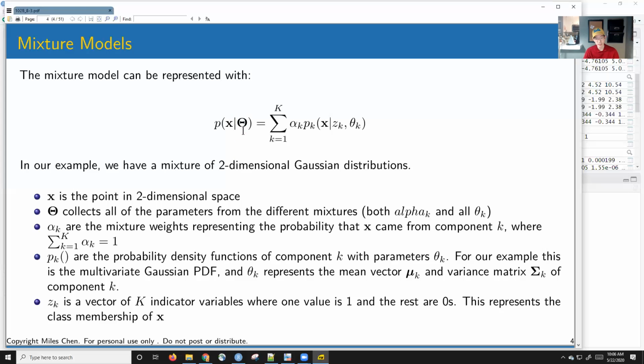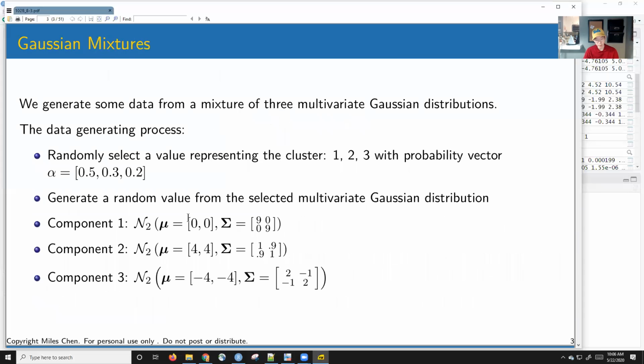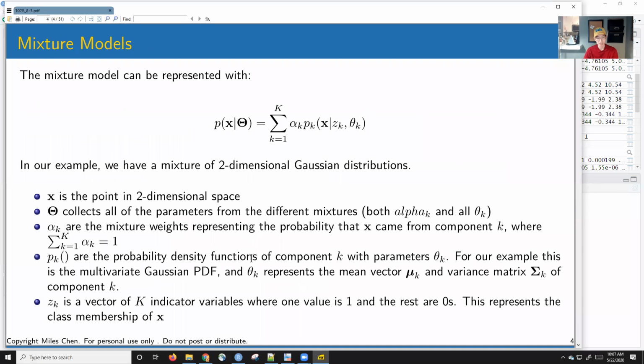Given theta, theta is the collection of all the parameters. All the parameters would be all the mu parameters, all the sigma parameters, and the alpha. So it would be a collection of this vector and all of these mu's and all of these sigmas. That's what this big theta represents.